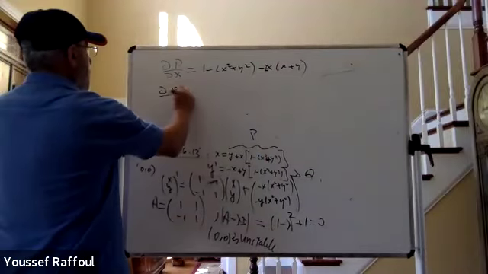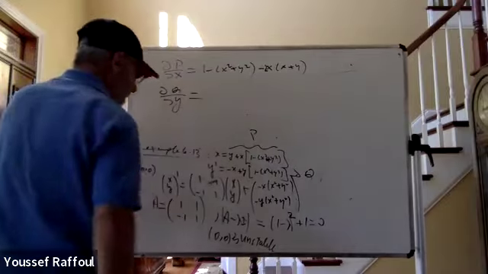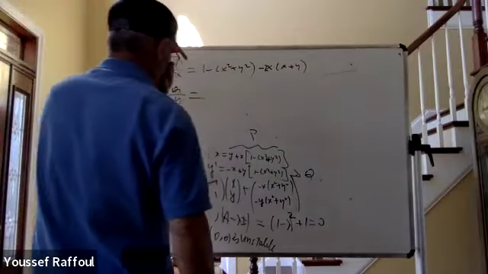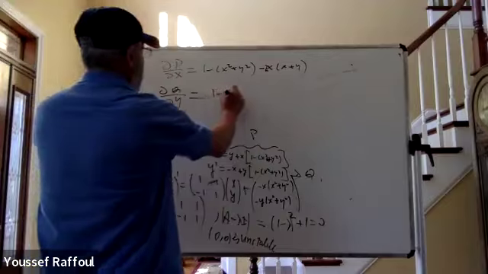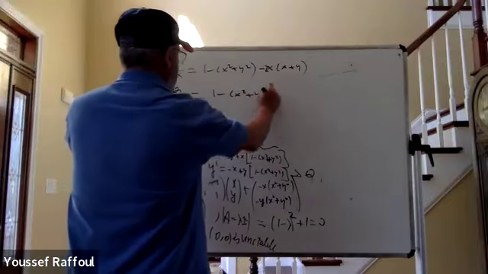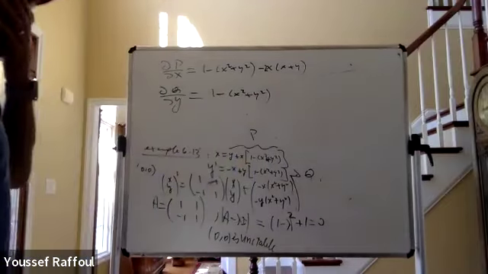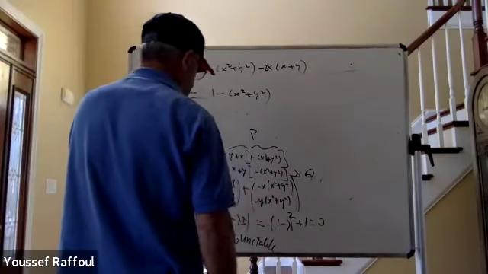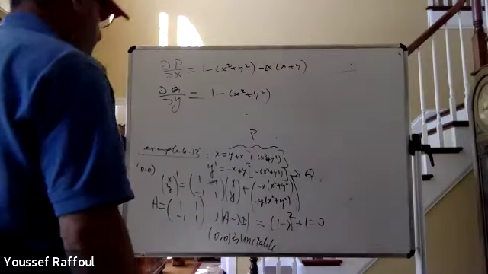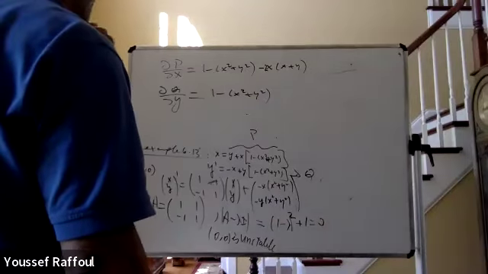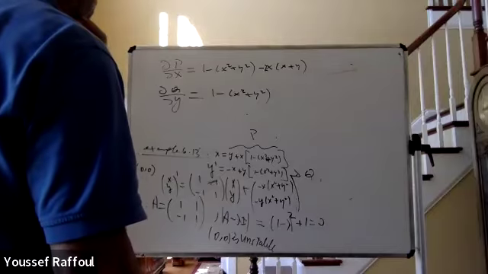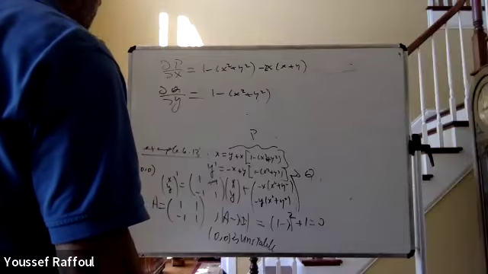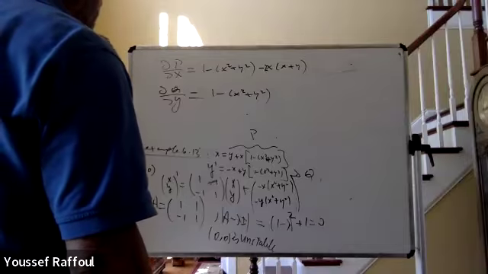And del Q over del y is the same. Is 1 minus x squared plus y squared plus, so this is then the derivative of that. Okay.